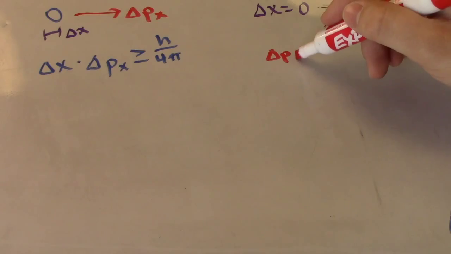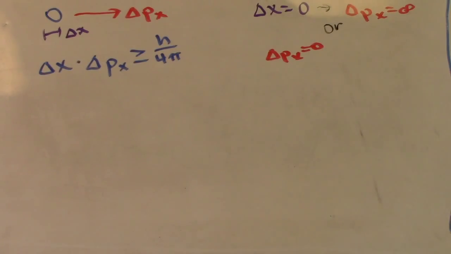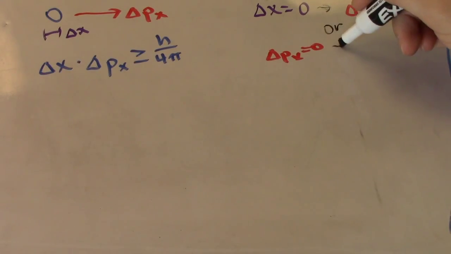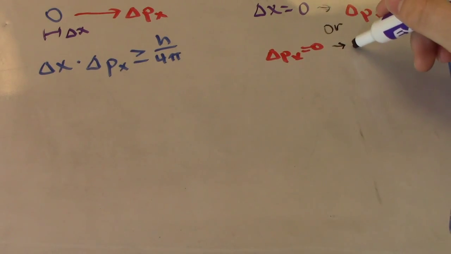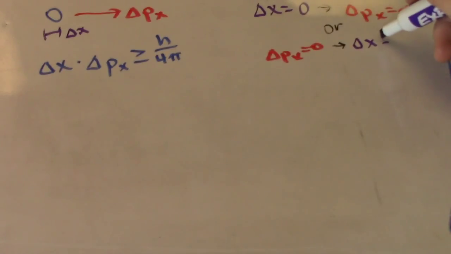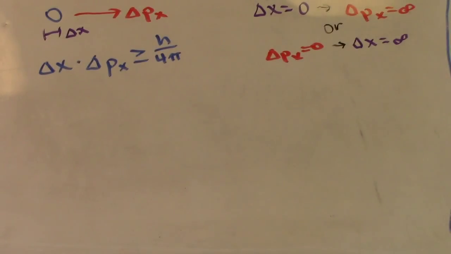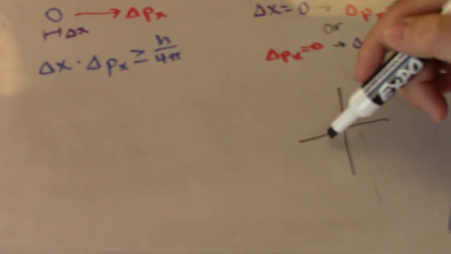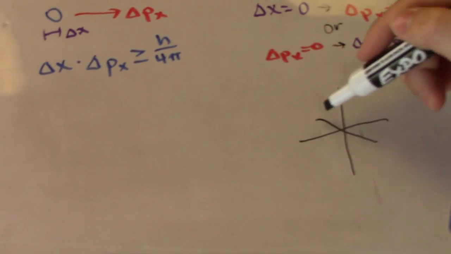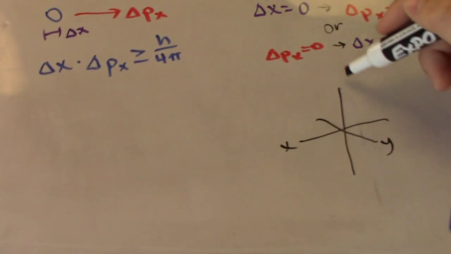Note that in three-dimensional space, we have a coordinate system with 3 axes, x, y, and z. There's an equivalent uncertainty principle for each direction. Now, while there is a relation between position and momentum in a given direction, there is no relation between different directions.